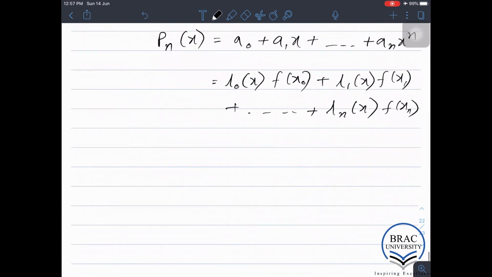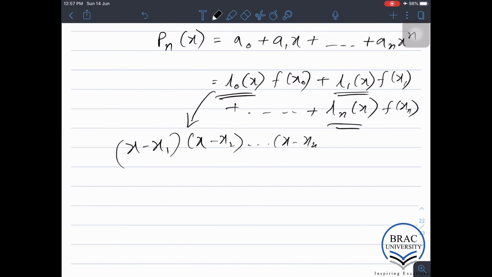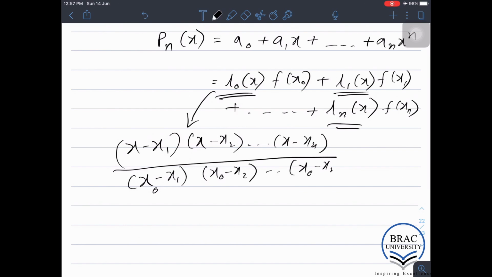And now we have a formula to calculate these L0s, L1s and Ln's. For L0 we just know that we have to do x minus x1, x minus x2 up till x minus xn divided by x0 minus x1, x0 minus x2 up till x0 minus xn.